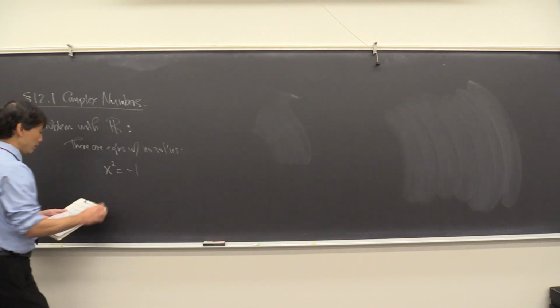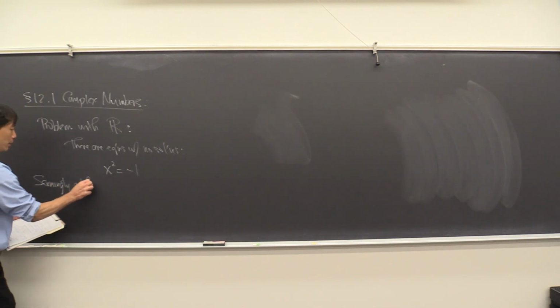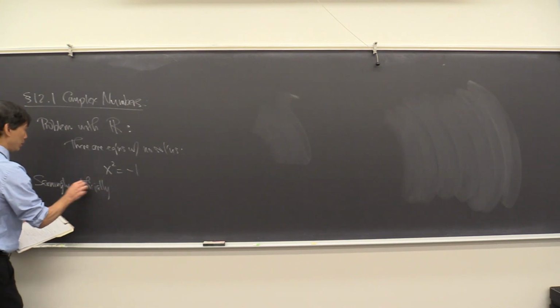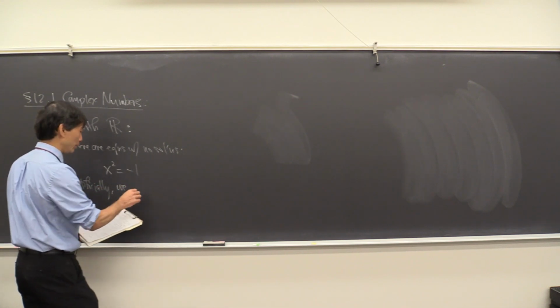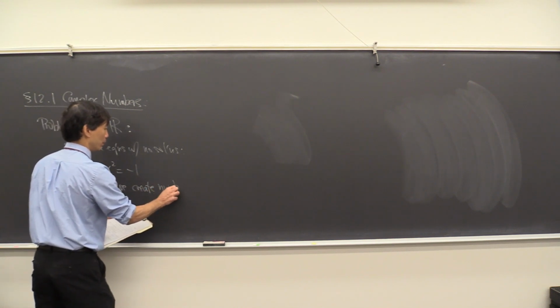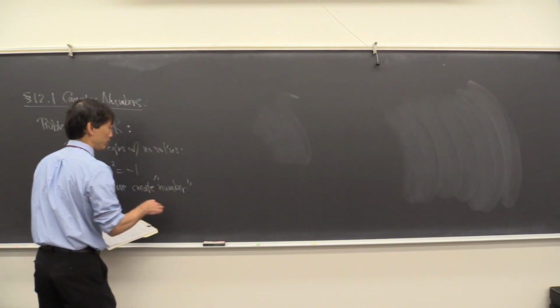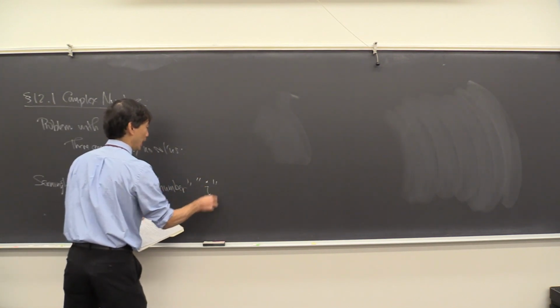Okay, and so what we do seems kind of artificial. Seemingly artificially, we just make up a symbol. We create a number. We create something that we're going to call a number, and we denote it by i.